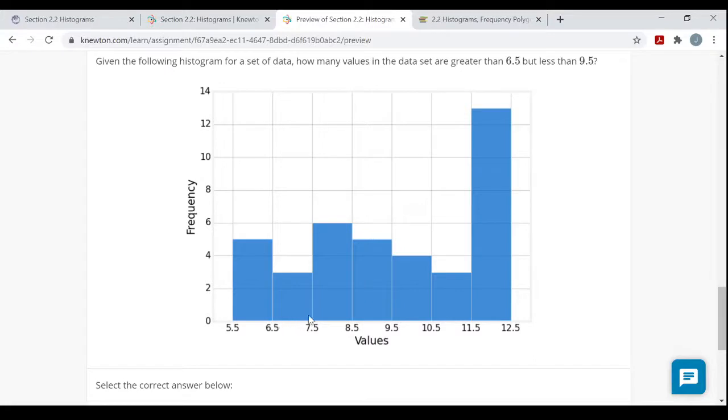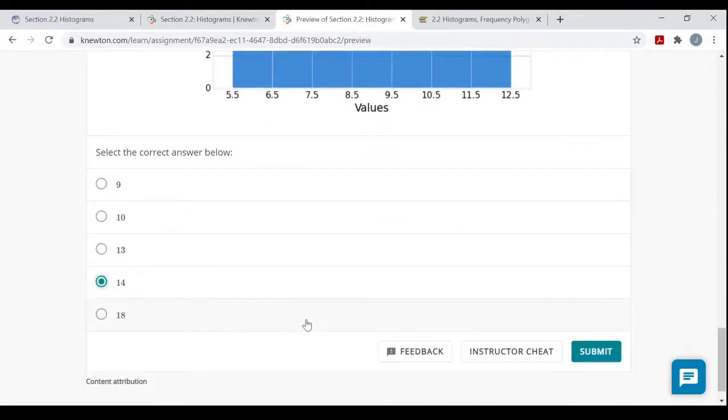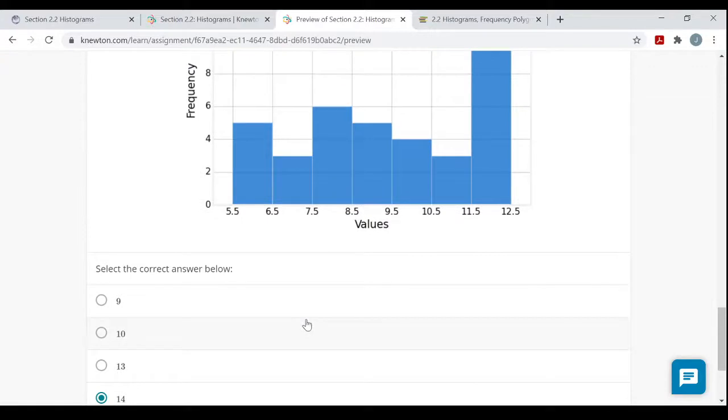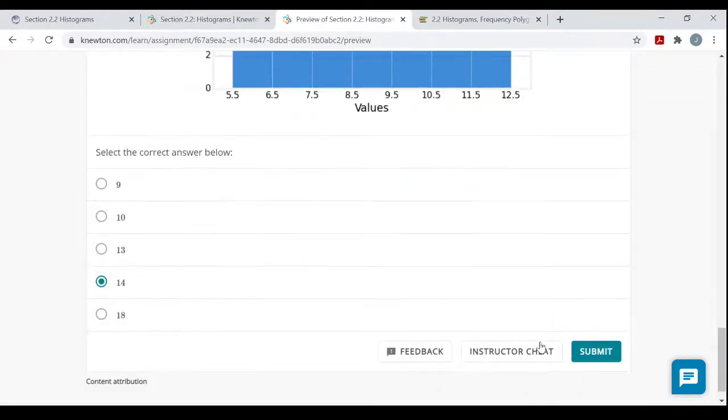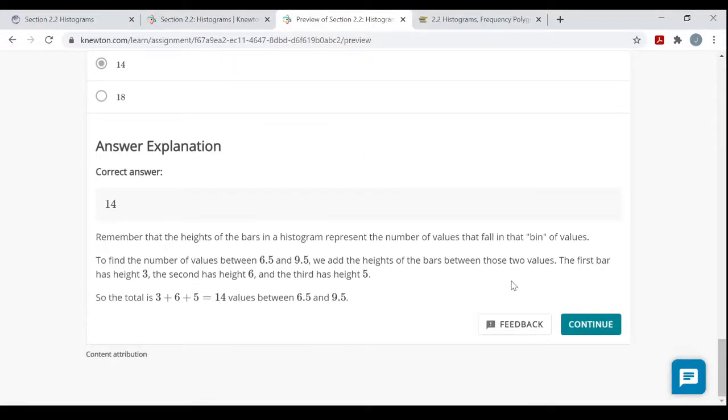So from 6.5 to 9.5, there are 3, plus 6 is 9, plus 5 is 14. So there are 14 values in the data set between 6.5 and 9.5. Again, hopefully very easy to read, just like any old bar graph.